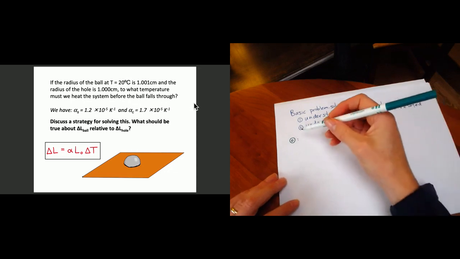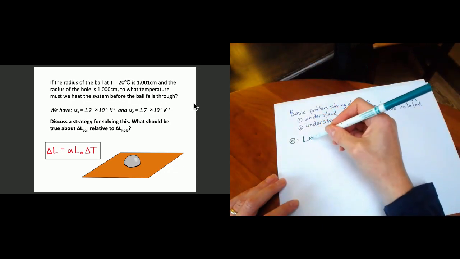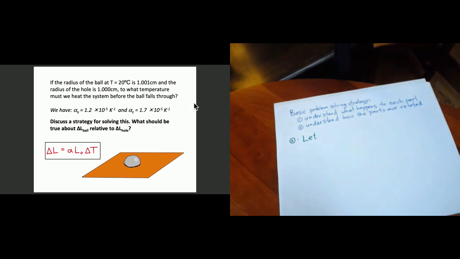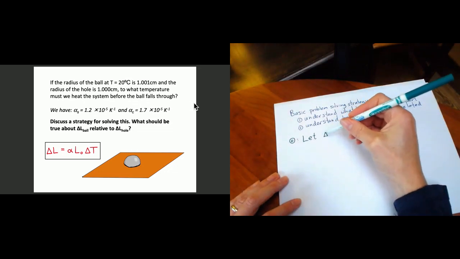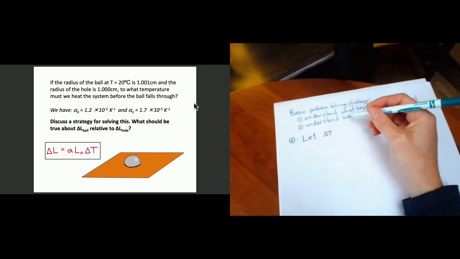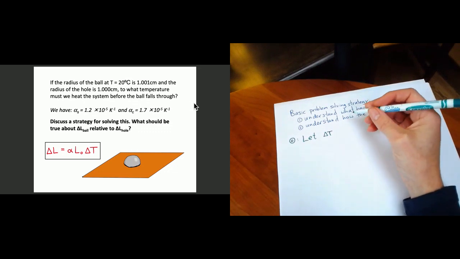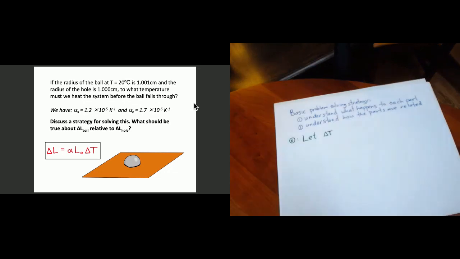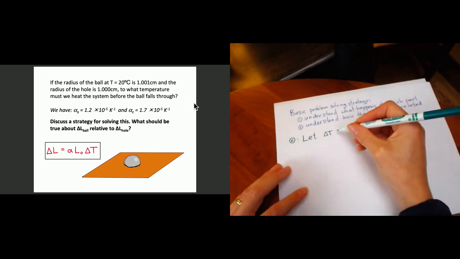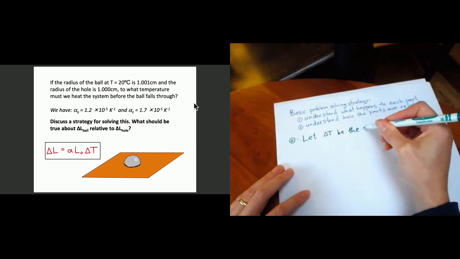And so it's often convenient, since there's going to be some unknown variable that we're trying to find in the end, to just give that a name. So for this problem, I'm going to say delta T is the thing we're trying to find. I could have said the final temperature is the thing we're trying to find. But it'll be a little bit more convenient for me to first find how much temperature change I need, because that's the thing that will come into the formulas. And so I'll let delta T be the required change in temperature.